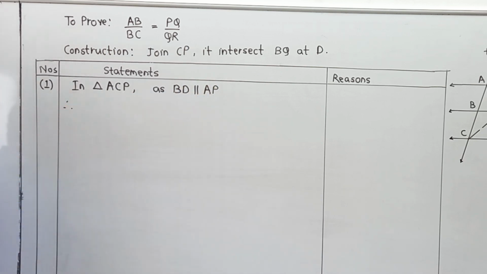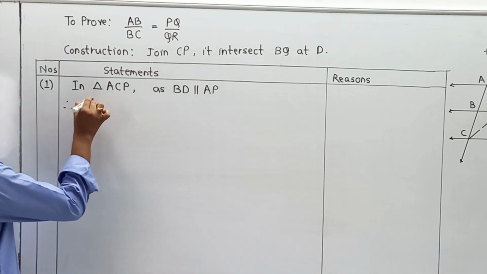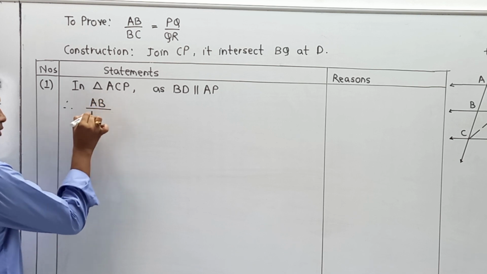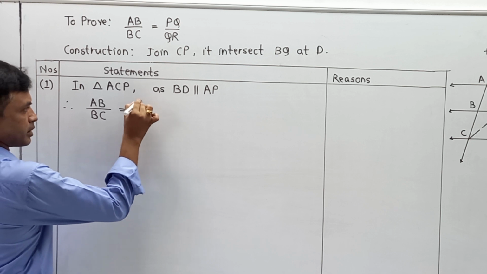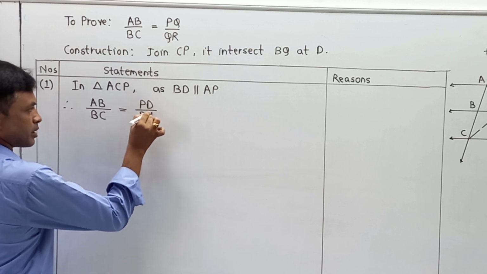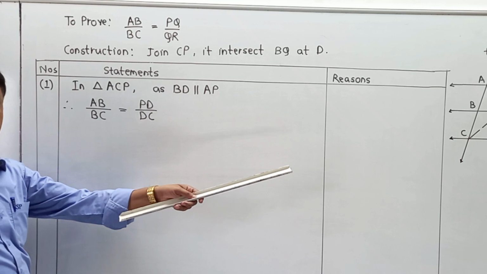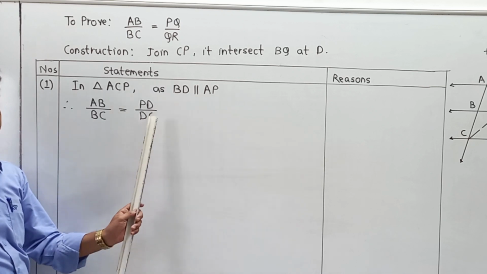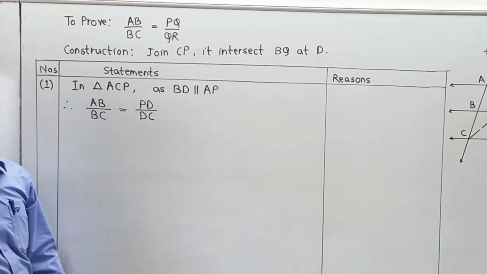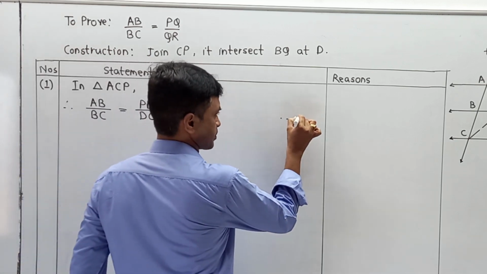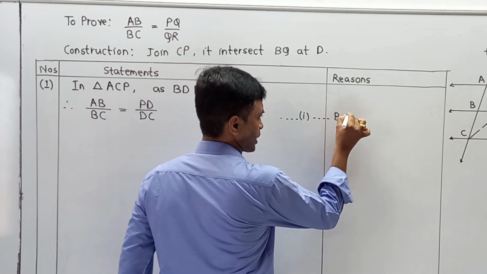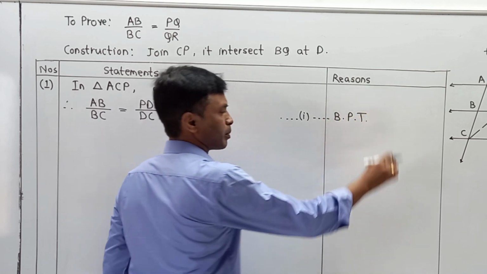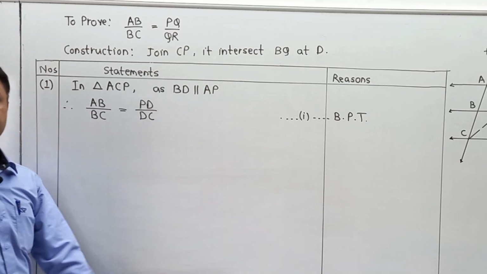Therefore, we can have AB upon BC is equal to PD upon DC. Students, first of all draw that diagram so that you can easily understand this step. Give it as equation 1, and the reason is nothing but the basic proportionality theorem, or in short form you can write BPT. This short form BPT is allowed as per board conditions.